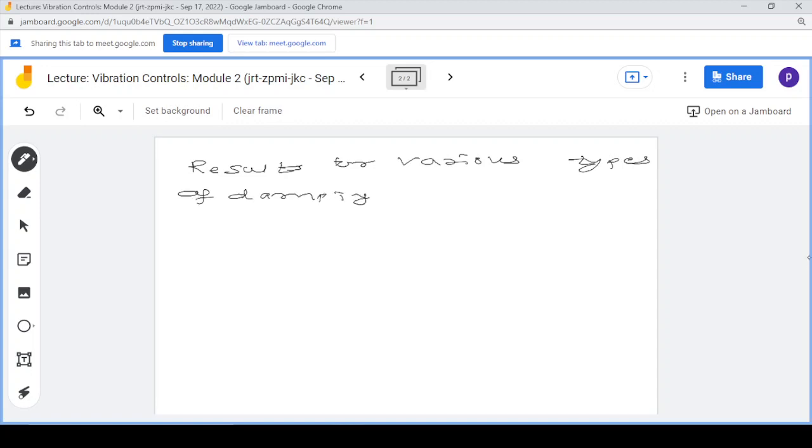Okay. So let us first understand the undamped primary system under the harmonic force excitation and the undamped primary system under the harmonic base excitation. First I will draw this system with this stiffness K1, which is attached to a mass M1.